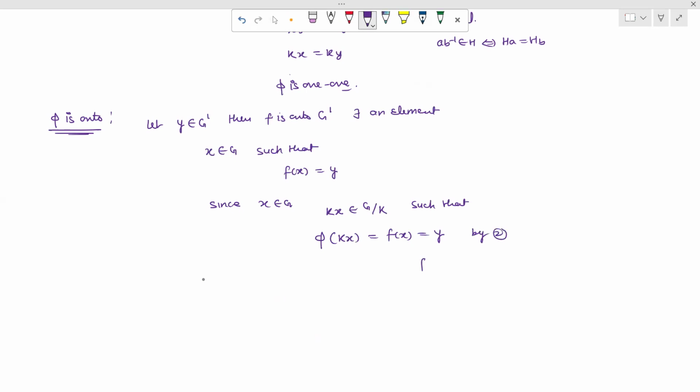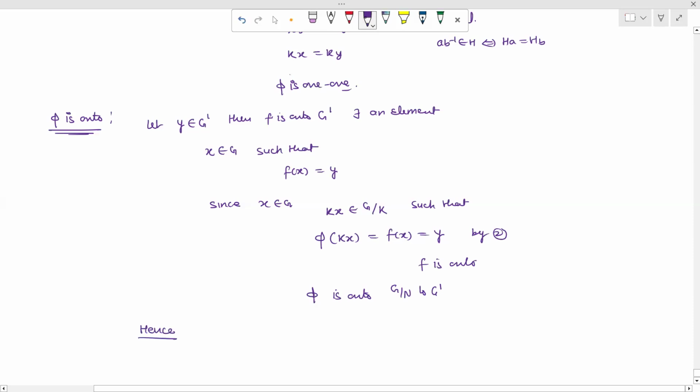Here function f is onto, so that phi is onto G dash. Hence phi is well defined, phi is a homomorphism, phi is 1-1 and phi is onto. Then G over K is isomorphic to G dash.